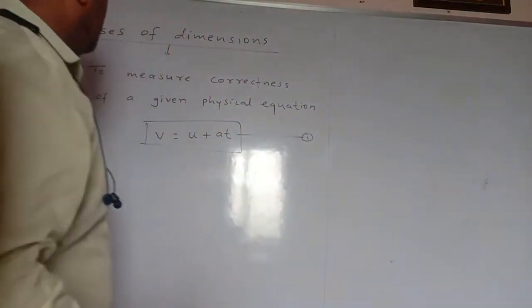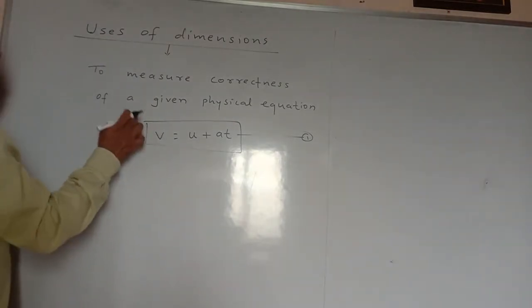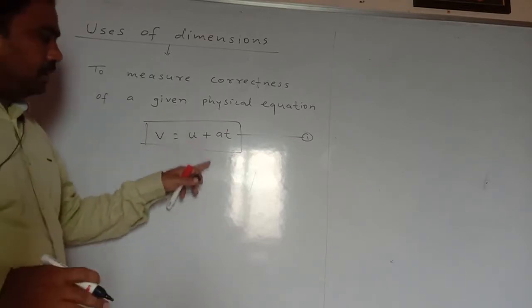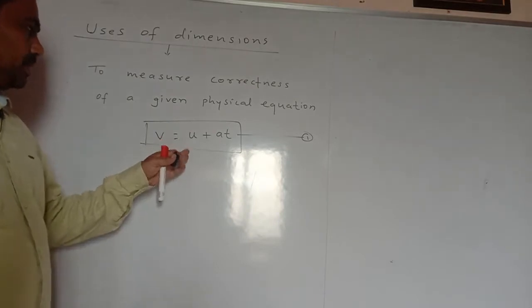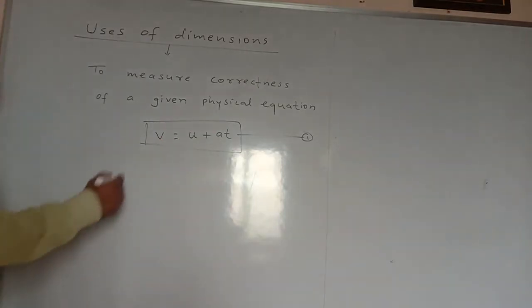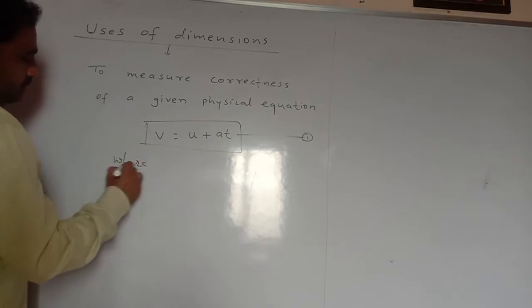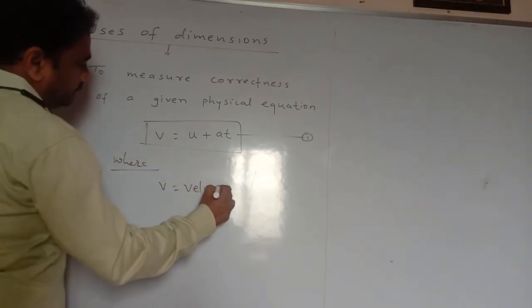So see here how we can measure its correctness. First of all, write down all the physical quantities which are contained in this equation. V stands for velocity, that is final velocity.